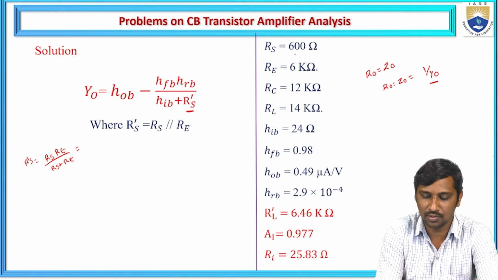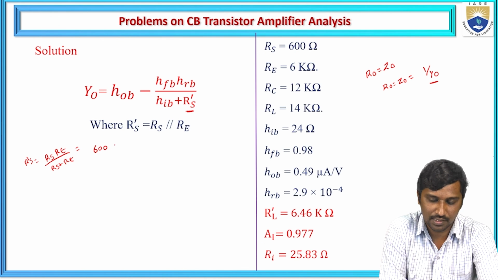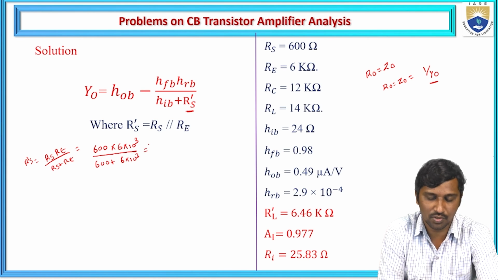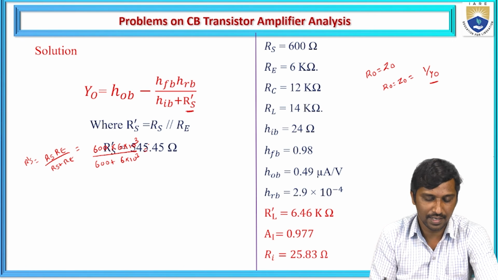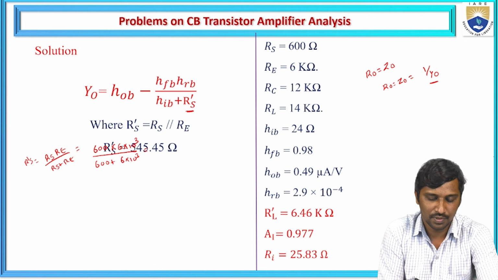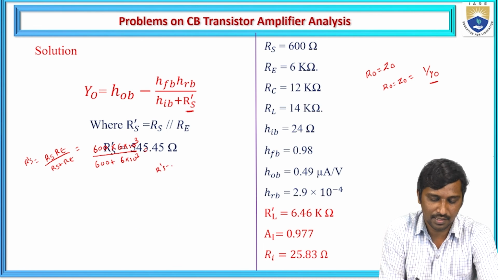What is the RS value? 600 ohms. 600 into the RE value, 6 kilo ohms, 6 into 10 power 3, by 600 plus 6 into 10 power 3. If you solve this ratio, R dash S is equal to 545.4.